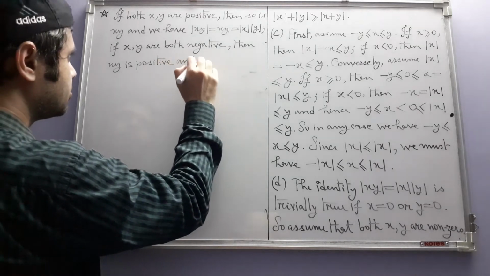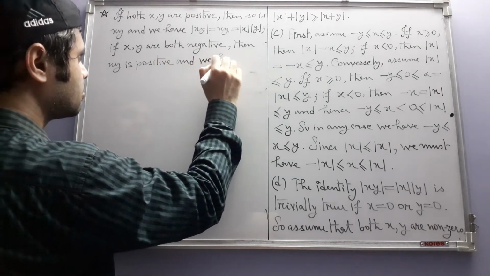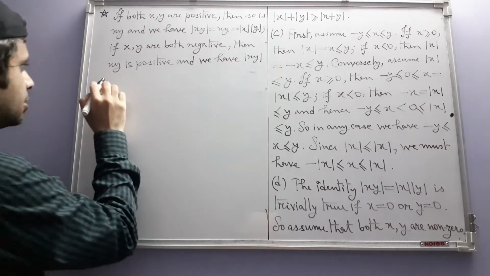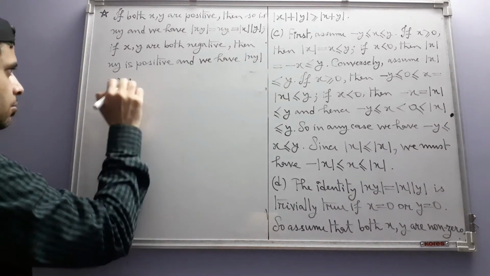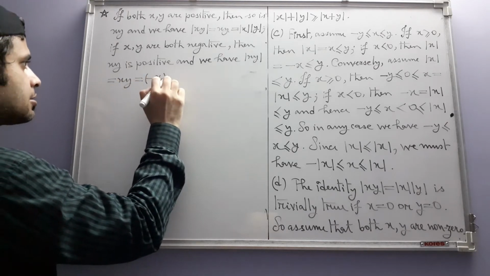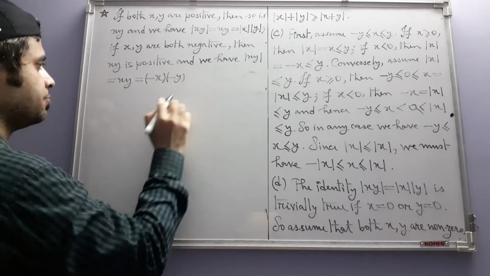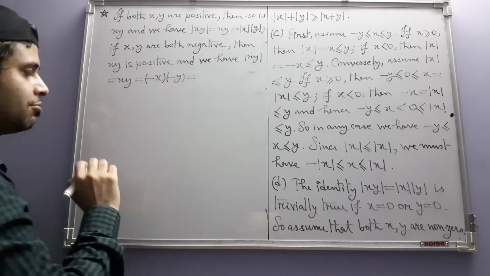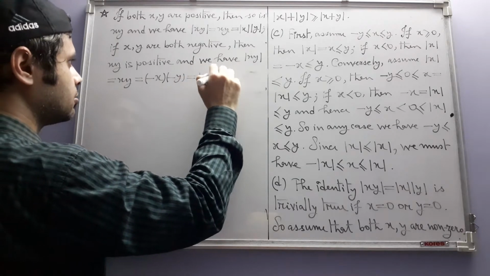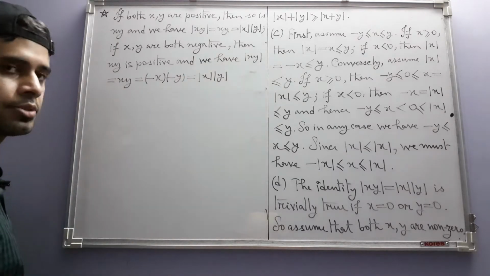And we have, since xy is positive, this is equal to xy, but that can be written as minus x times minus y. Now from negativity of both x and y, these quantities are equal to the absolute values.